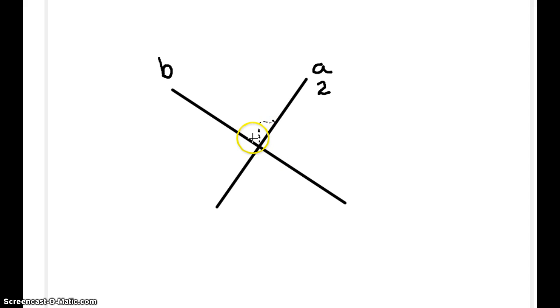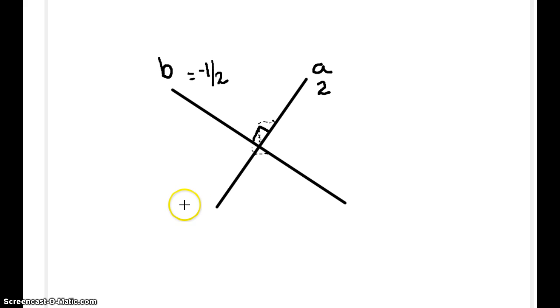A perpendicular line creates a 90-degree angle. And what we discover is that it has a fall of 1 and a run of 2. So the slope of this particular line is negative 1/2.